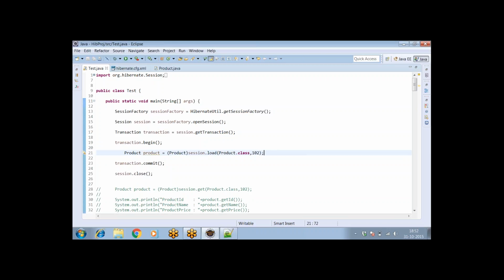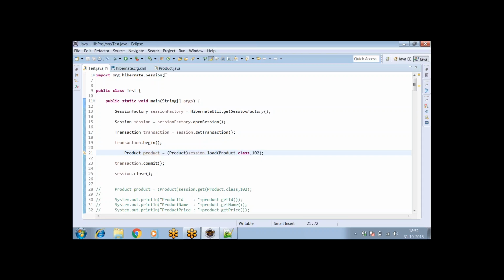It won't connect to the database server. It immediately creates a product object, stores that product ID in that product object, and returns that product object reference.